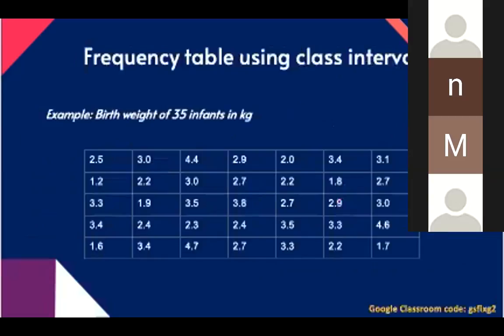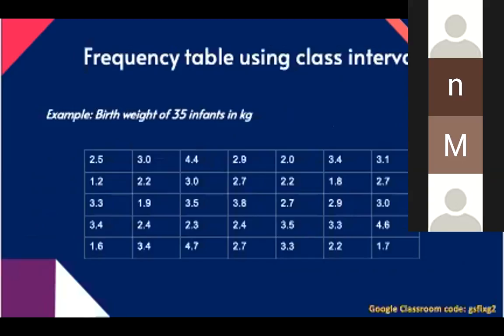So next example is that you have a list of birth weights of, let's say, 35 infants. So like this one. So this is a type of numerical and continuous data, of course. But if you feel like it would be a loss of information if you just report a median, for example, then you may want to report this data in interval groups.